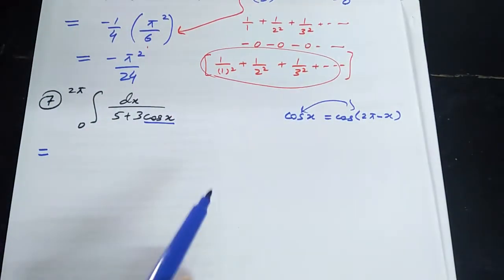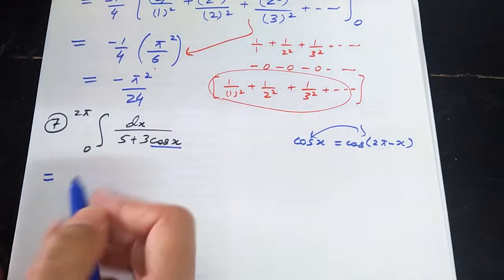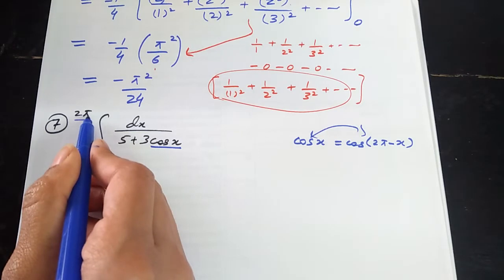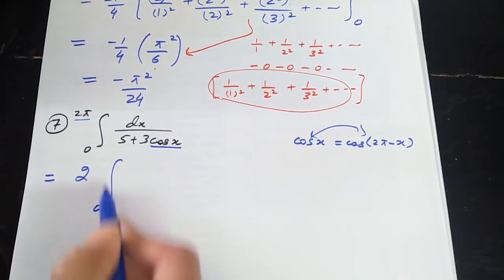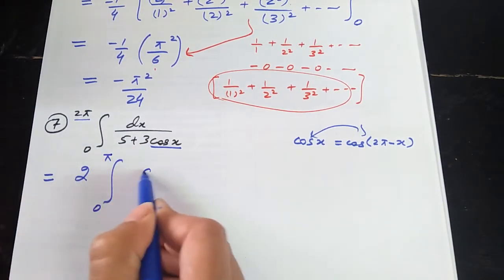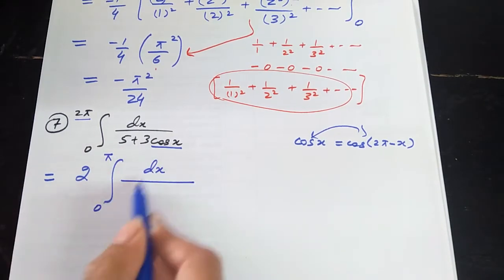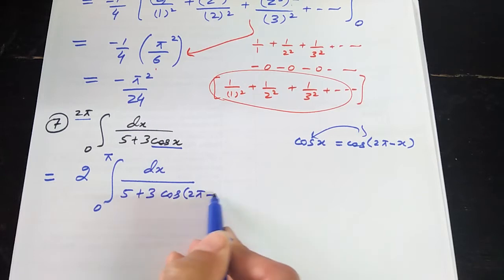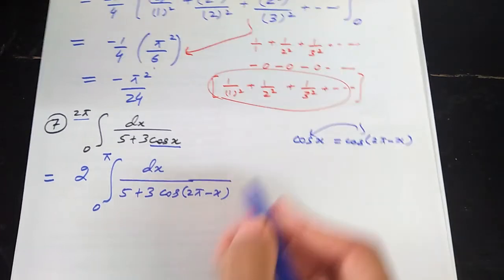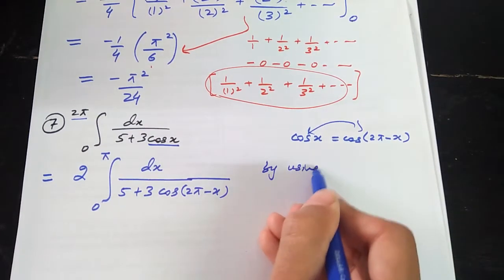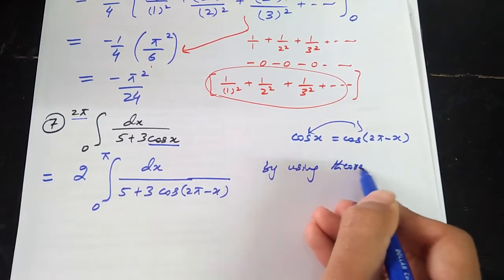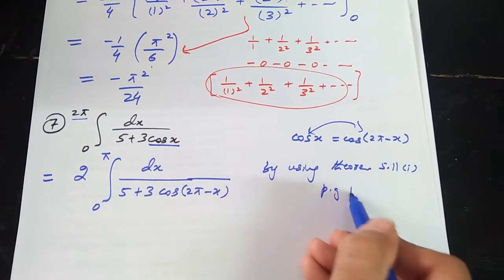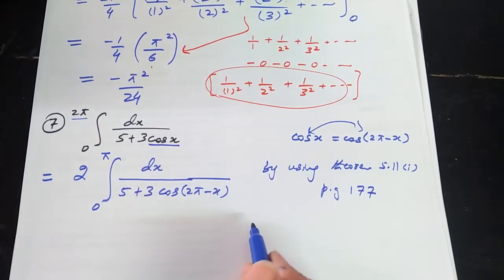So using that theorem, I can write it with the 2 as the coefficient, and your upper limit of integration is divided by 2, so it will become 0 to pi, and the denominator will now become dx over 5 plus 3 cos of 2 pi minus x, like this, by using theorem 5.11 part 1. That is on page number 177 of your book.